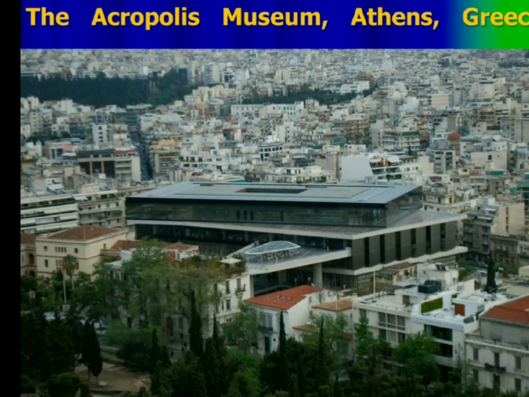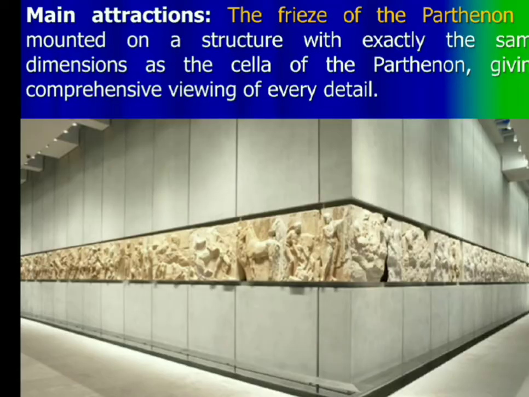The next museum is the Acropolis Museum, which is located in Athens, Greece. You can see on the screen the building of this museum, and the inside of the building.